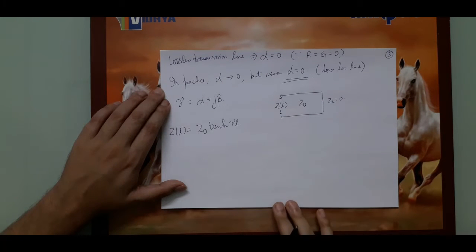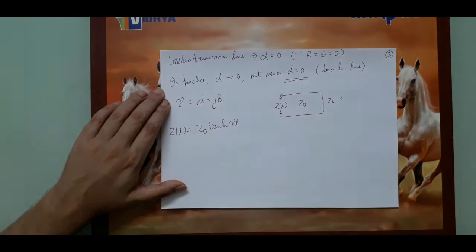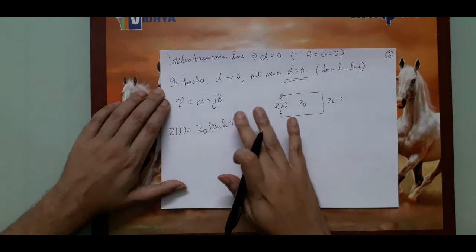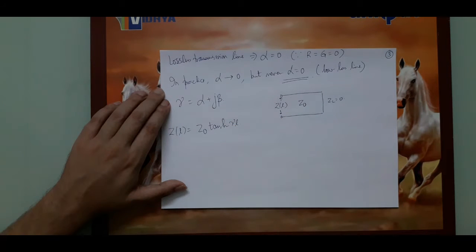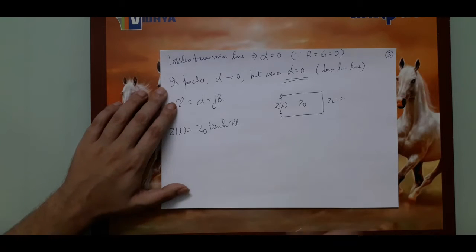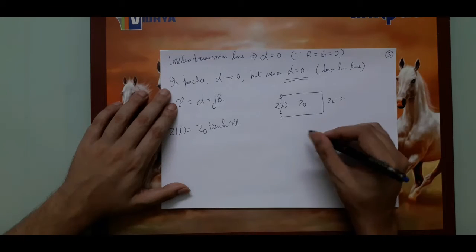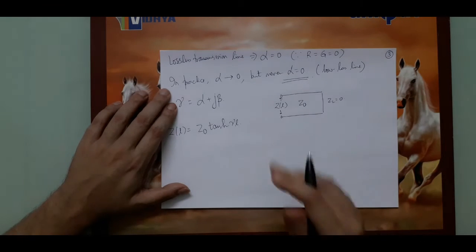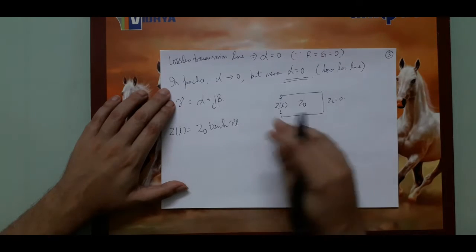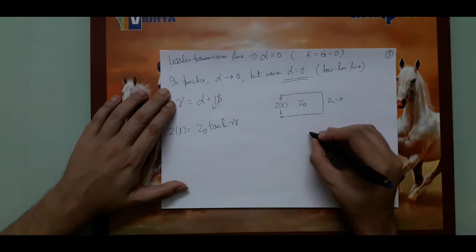You can prove this easily. All you have to do is, in the impedance transformation relation, simply substitute the full expression for gamma. Let's prove it.